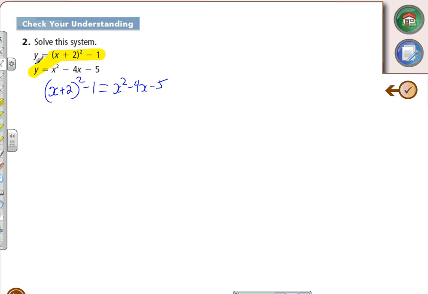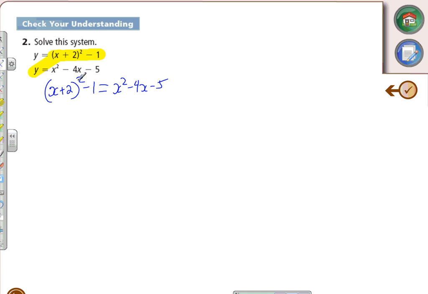So we always need to have a variable isolated in order to do this. We can't have it isolated and maybe equal to 5, and this one would be equal to 5. We can't use that. It has to be isolated for a variable in order to use this method.